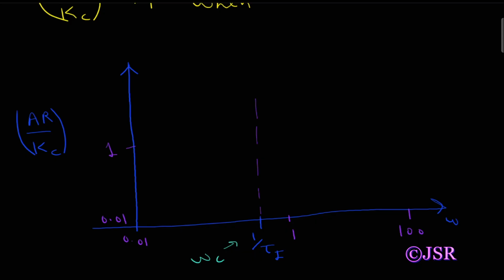And when omega is greater than corner frequency, just draw a horizontal line which is passing through AR by Kc equal to 1. So when omega is greater than corner frequency, AR by Kc approaches 1.